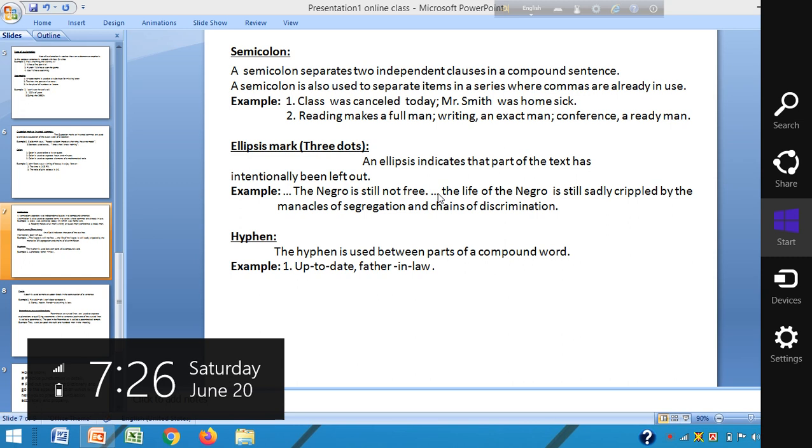Similarly, in the second sentence, a portion of the sentence is also left out.